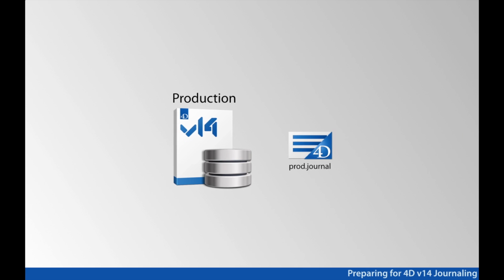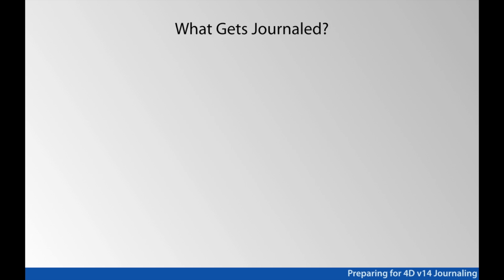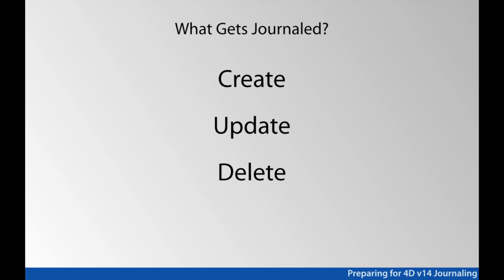That's the feature. So of course, it manifests itself on the computer with an actual file, .journal, that lives with your database, with your application. So what gets journaled? What does this feature do? Every creation, update, or deletion of data gets placed in the journal file.